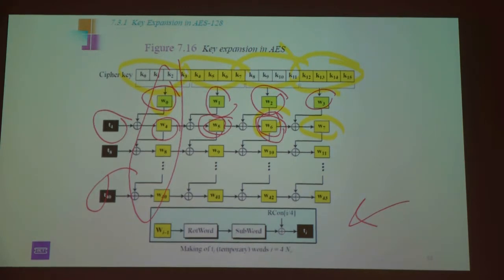So you're going to take word 3. Then what are you going to do with it? Rotate the word. Then substitute the word, exactly like the rules. And after that, you XOR it with what? With the round constant from the table.